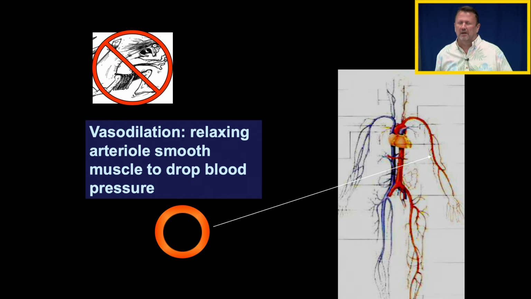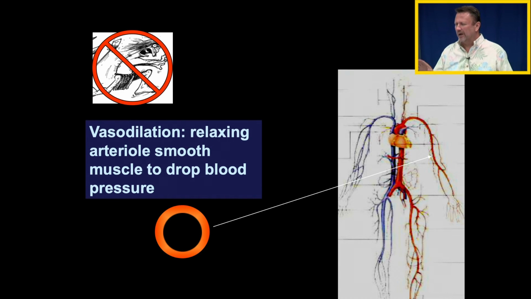If you put somebody on an alpha blocker for the first time, you'll warn them that when they get out of bed, the first thing they want to do is just dangle their feet off the bed and sit up for a little bit. And then when they feel like they're ready, just stand up a little bit and let the body adjust before they start walking away from the bed. Because if somebody's on alpha blockers and they pop right up out of bed and stand up, there's a good potential for them to have orthostatic hypotension and pass out, have syncope from it, or at least feel dizzy like they're going to fall down, as in pre-syncope.